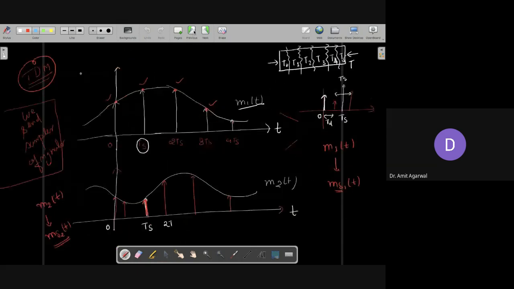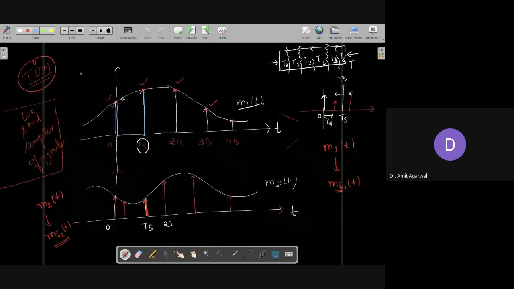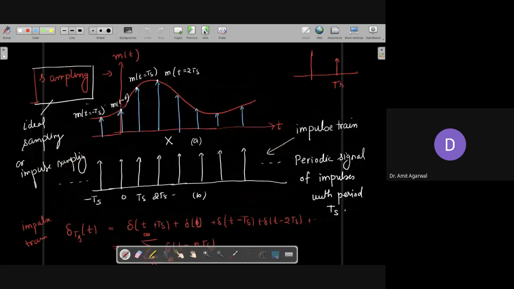If we go back a bit to what we started with, we said we can do time division multiplexing by sending the information over discrete time instances. But how will you do that? In theory, you have to take some signal, some pulses, in order to transmit these values. So first we take an ideal pulse, that is the impulse.